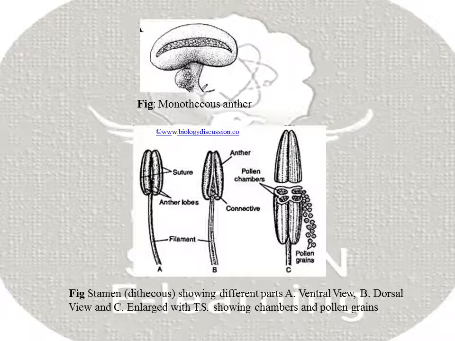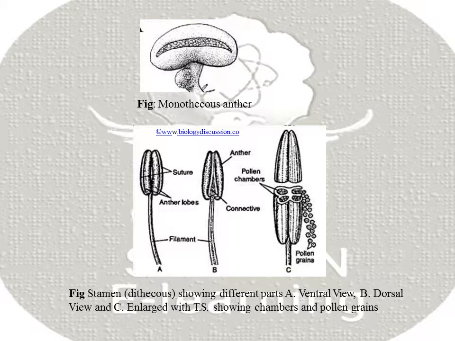Next, figure B shows the dorsal view, in which the connective can be noticed clearly. Next, figure C, TS, shows pollen chambers and pollen grains.